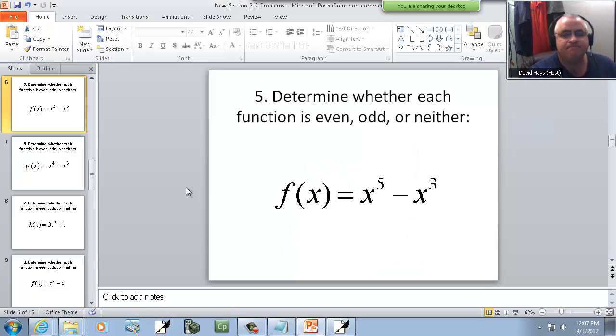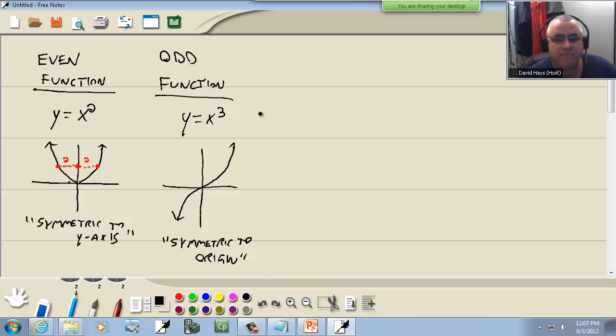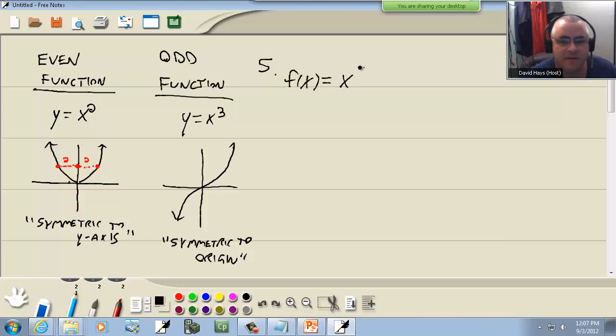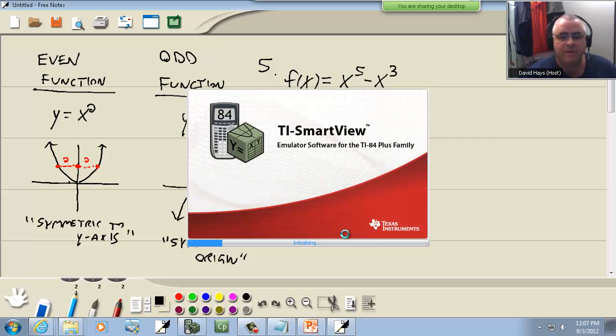Okay, let's look at this one. Determine whether each function is even, odd, or neither. So we got 5. We got f of x is equal to x to the fifth minus x to the third. Well, again, we have to graph it. So let's bring up our graphing calculator.